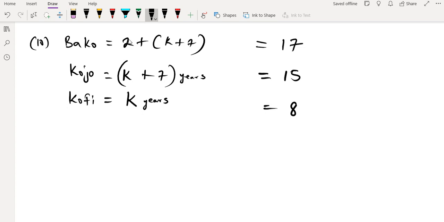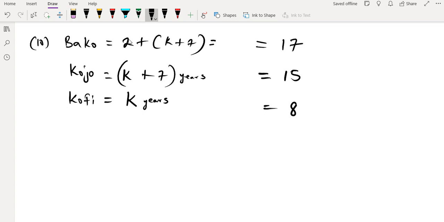Bako is 2 years older than Kojo. So anything that is Kojo's age, add 2 to it, you get Bako's age. Why are you going to add 2 to Kofi's age? Did I say Bako is 2 years older than Kofi? No. They said Bako is 2 years older than Kojo, so it will be 2 plus whatever Kojo's age is. Does it make sense? Yes.